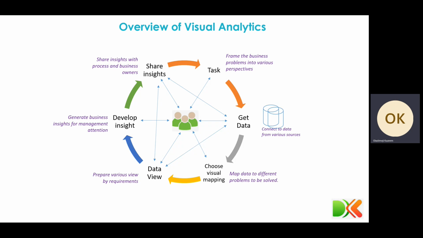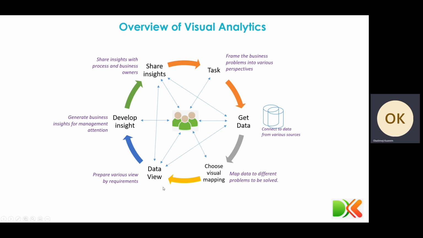This survey generates data, and the data generated is stored in a data repository, from where a business analytic tool is expected to be connected to it for visualization. But before being visualized, the data must be mapped to various questions. After being mapped to various questions or various problems to be solved, then the data can be viewed.